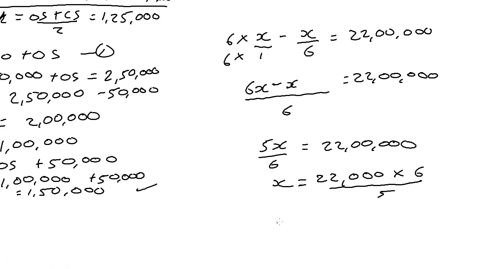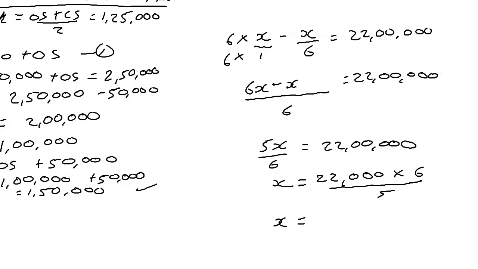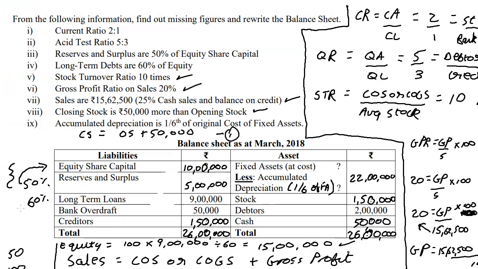Okay, so my cost of fixed assets is going to be this number. 22 lakhs into 6 upon 5, which gives me 26 lakh 40,000. Okay, 26 lakh 40,000. Okay, over here.